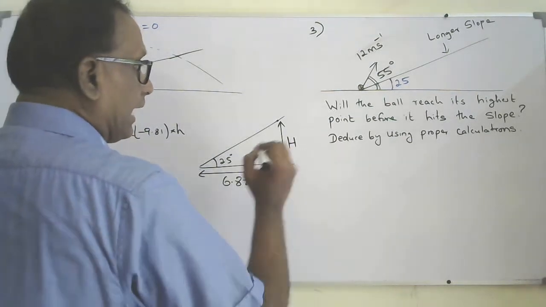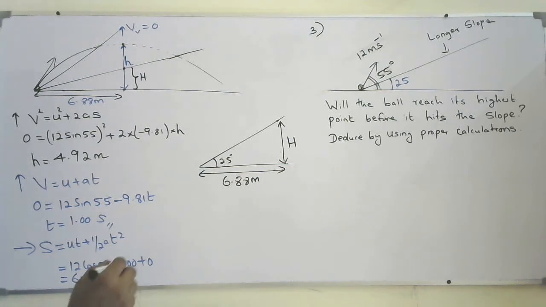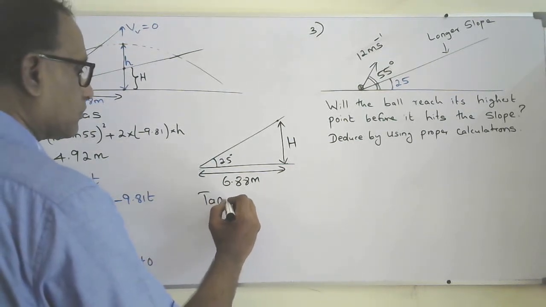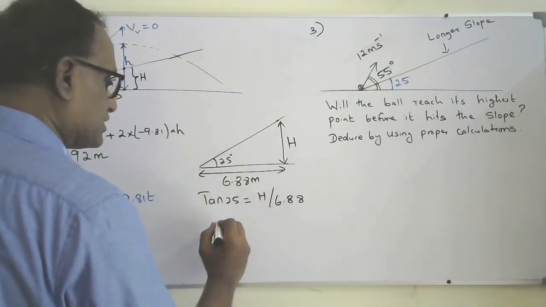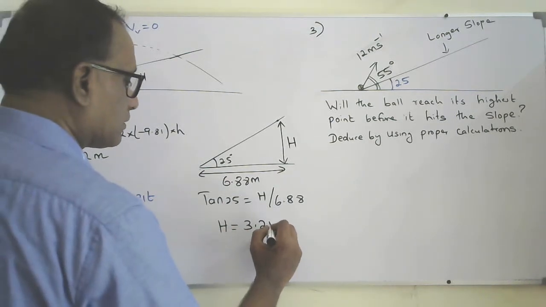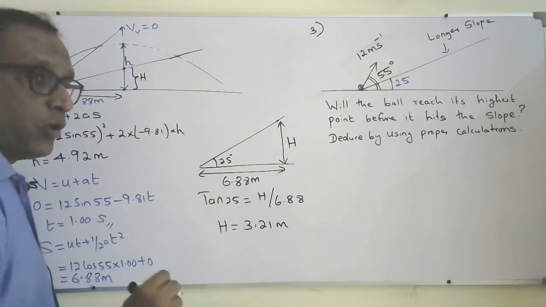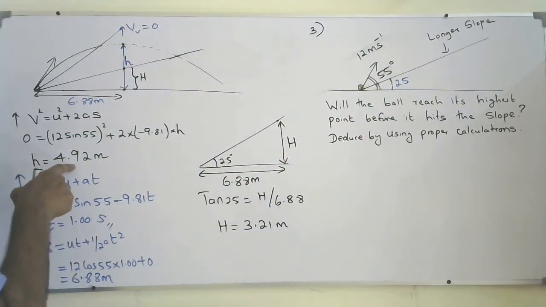So this height I am going to find by using tan theta, tan 25 equals h over 6.88. So h will be equal to 3.21 meters.